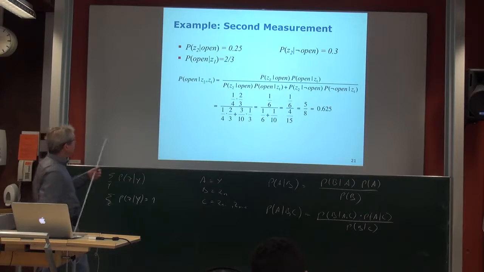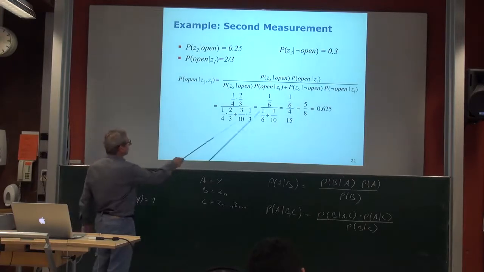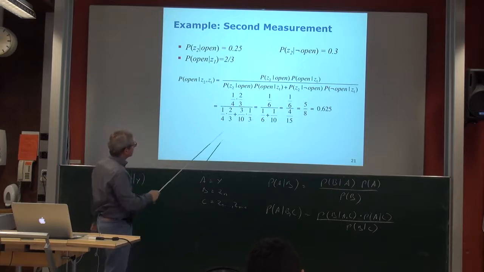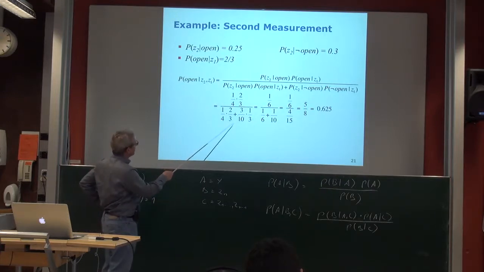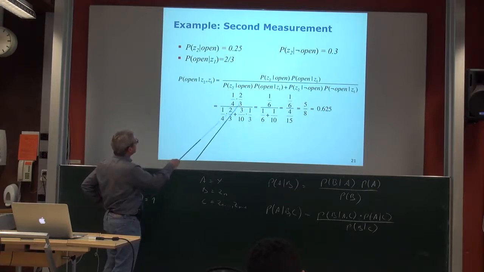Then we do the very same as before, just having Z1 and Z2 with this as prior, and we obtain these quantities over here. It's just like entering 2 divided by 3 into here.